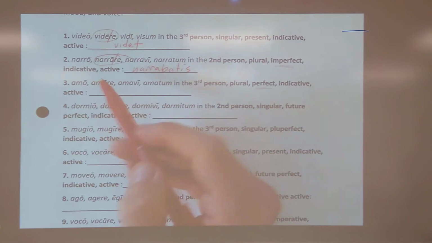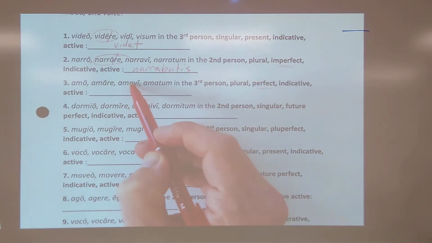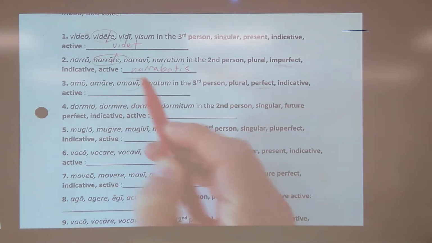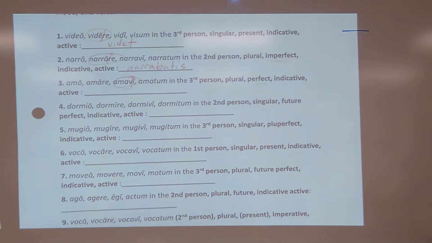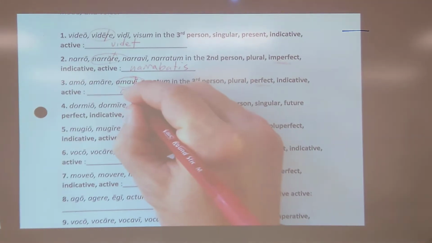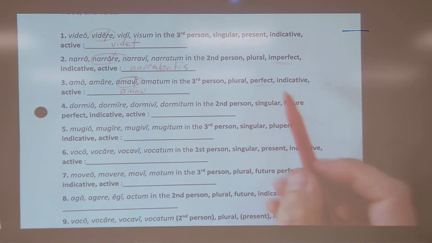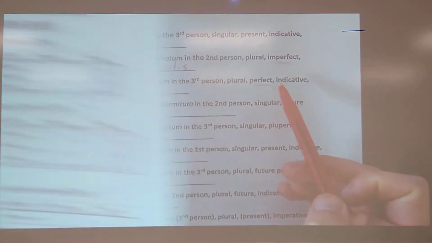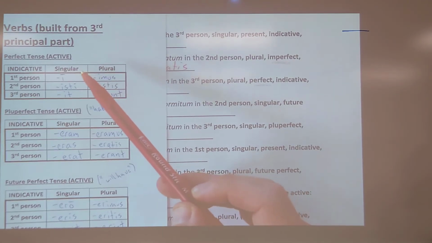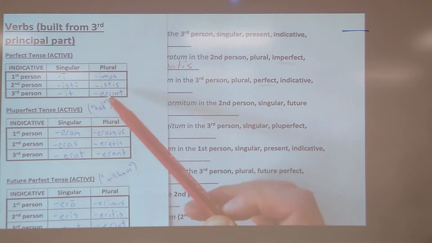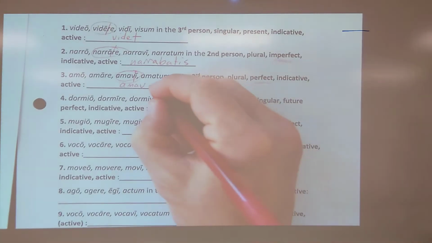So you go first, second, third principal part, and to get your stem, you just chop off the I. Your stem is amav. Then we go back to our perfect and we want third person plural. The ending is erunt.